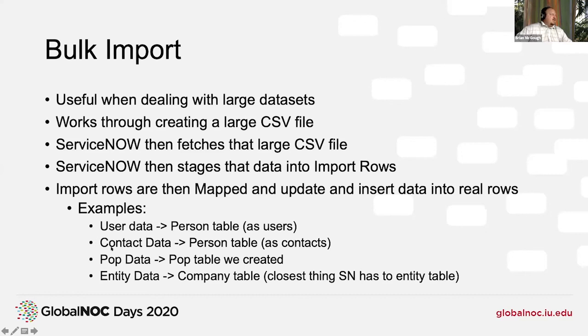Our source of truth for the contact, user, POP, and entity data is all within our GlobalNOC DB instances. We load that data into ServiceNow, and it then becomes available for us to reference inside of ServiceNow. Any questions on bulk import before I move to the next? Pretty straightforward. I think most tools do that kind of thing.